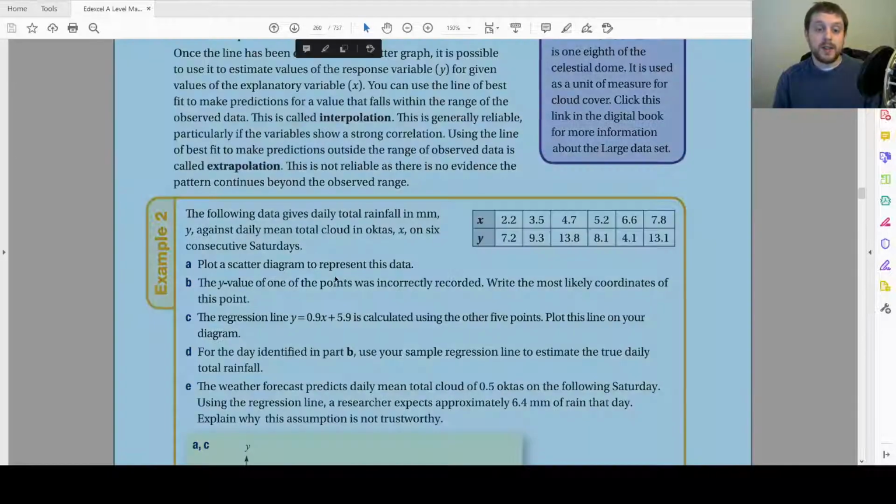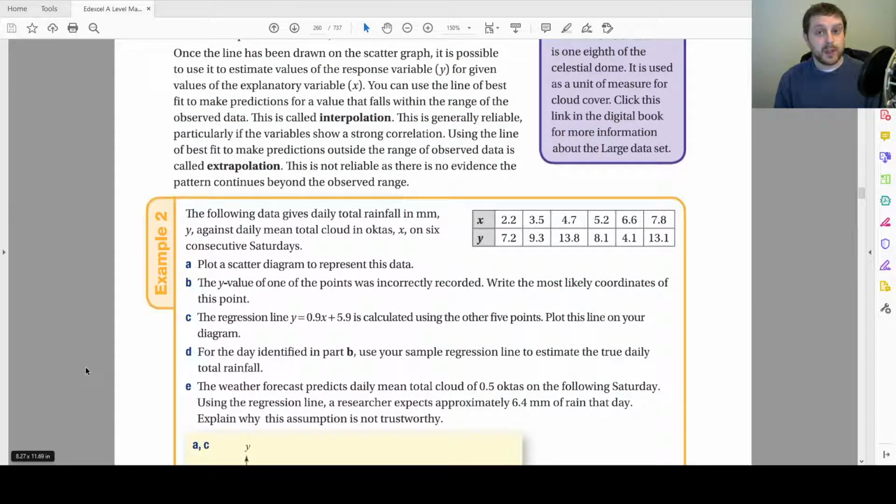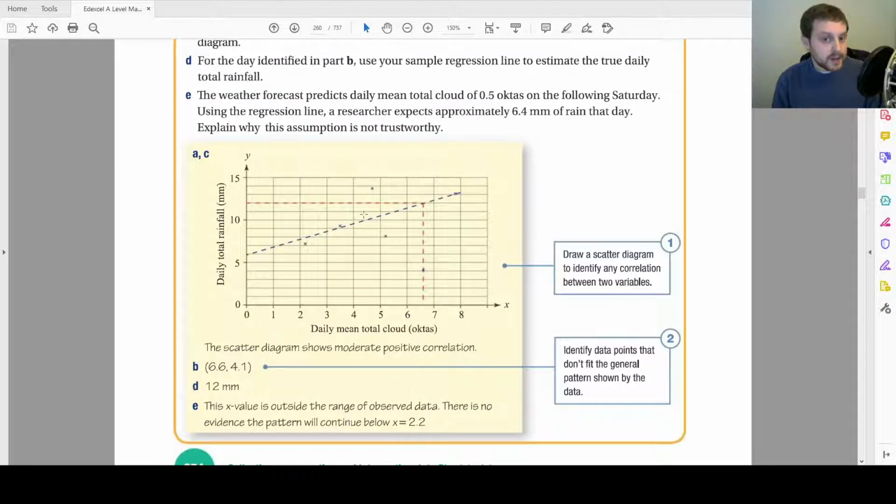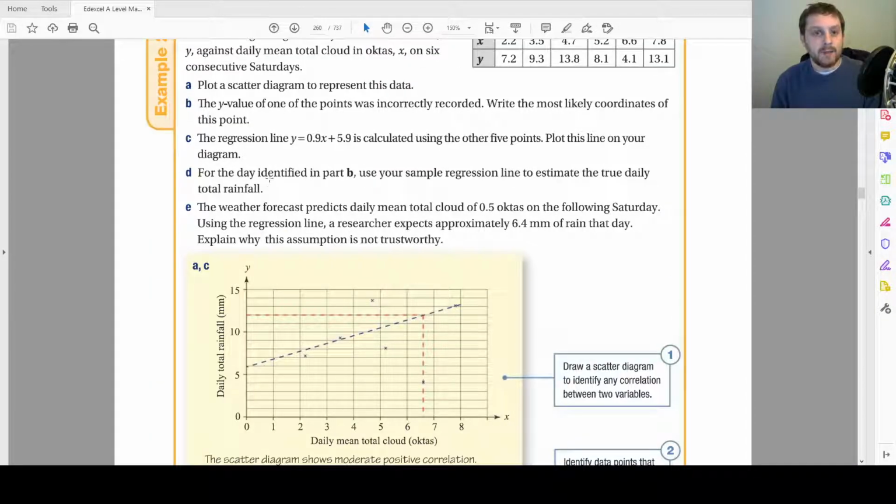And even back at GCSE, you had to understand that extrapolation was generally a bad thing to do, because you can't be sure that the trend will continue, whereas interpolation is a lot safer to do. So this is not any more complicated really than what you would have ever done at GCSE, except you are now actually given the equation of the line of best fit.